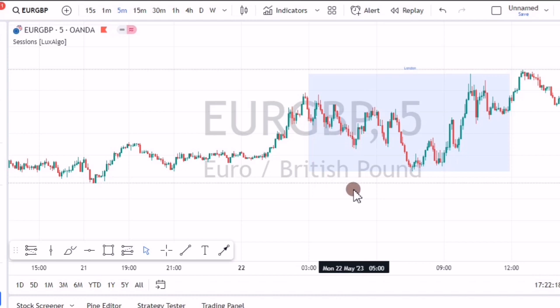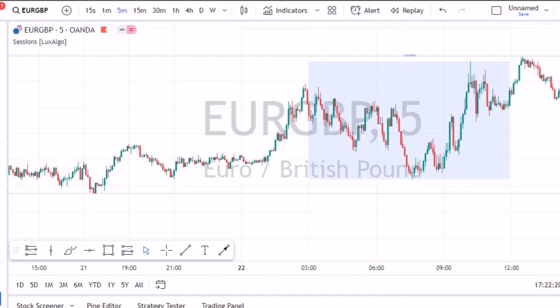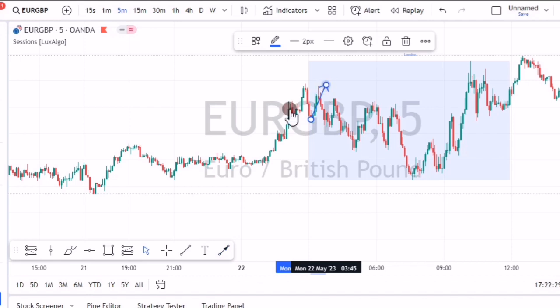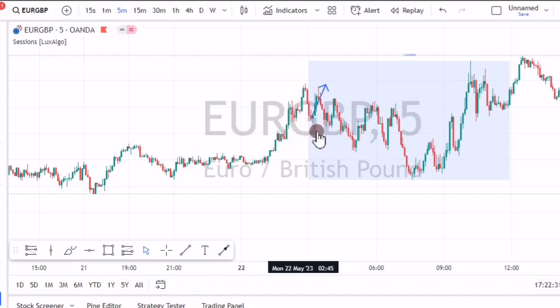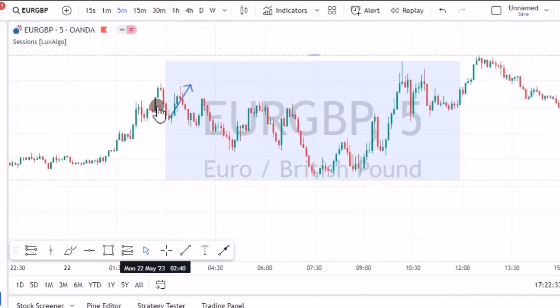Right here it's not clear. Price started by moving, we can say upwards, because, let me just zoom out, you see that rectangle, it is outside of the blue box. You only have these green candles moving upwards.